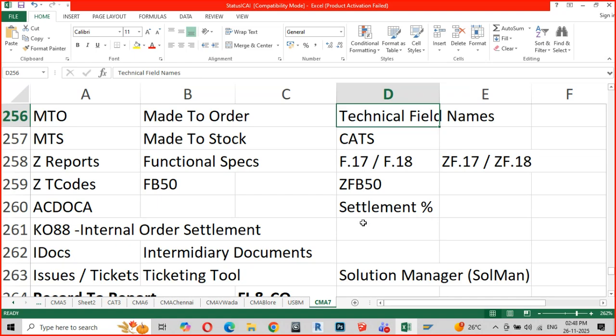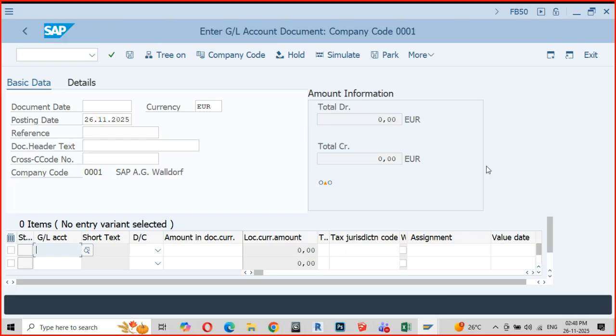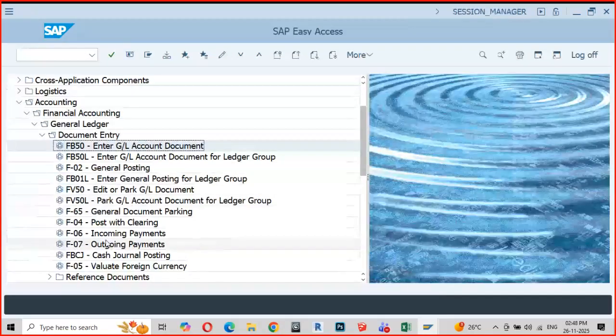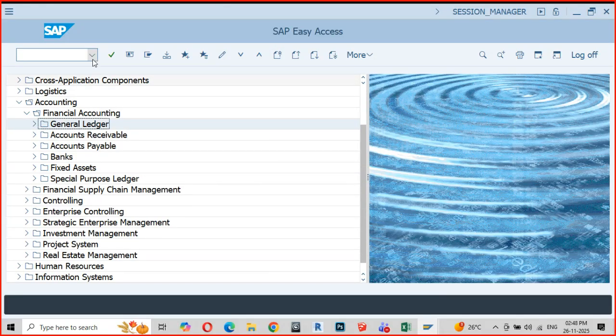And we were talking about the settlement, percentage of settlement. I don't remember on what instance we referred to this, but anyway, go to SPR.